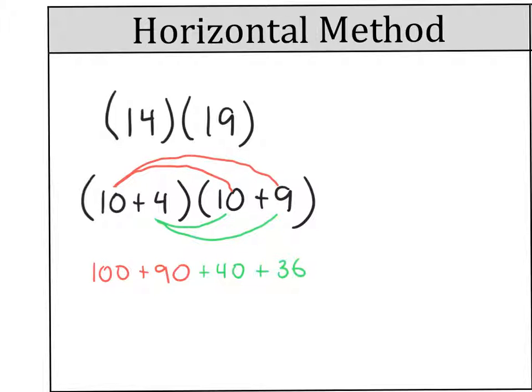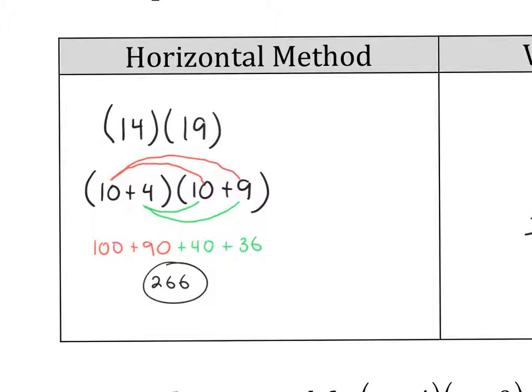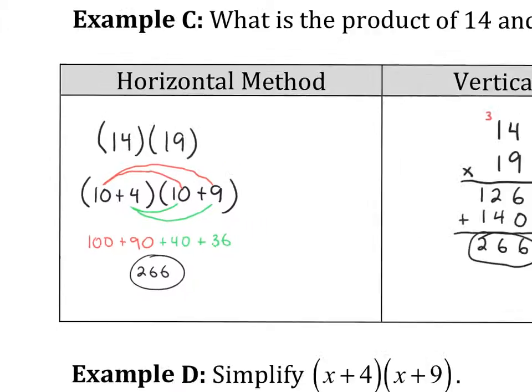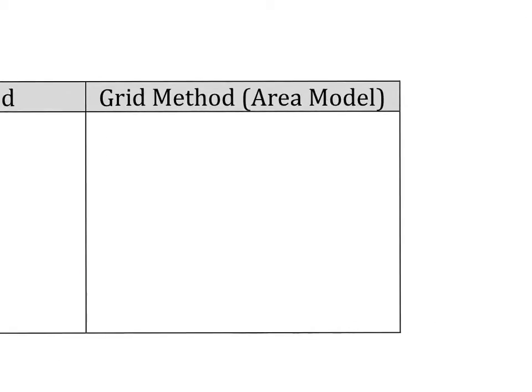Now I can start to just combine like terms. 100 plus 90 plus 40, and in the end, I get 266. A downside of this method is I already had 2 arcs to begin with, and now I have 2 more to pay attention to. So if your arcs confuse you, then the grid method is for you.